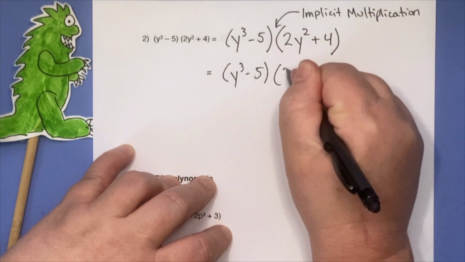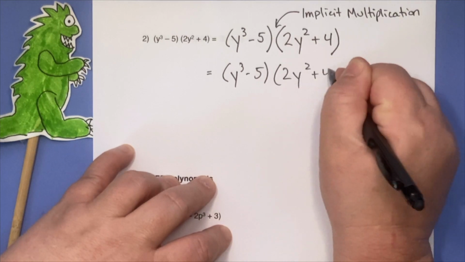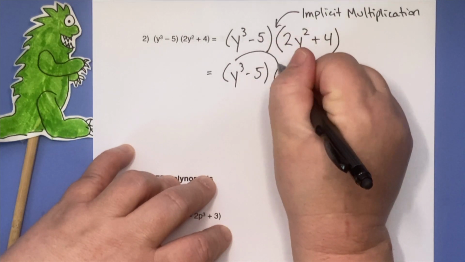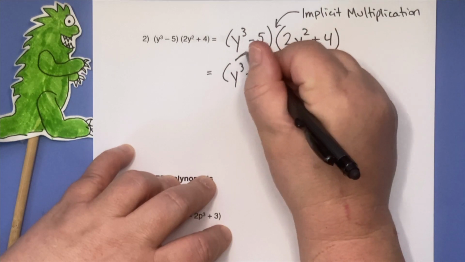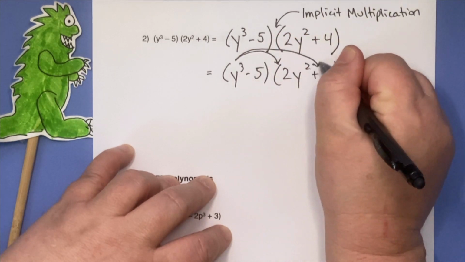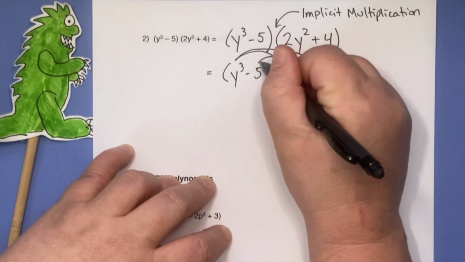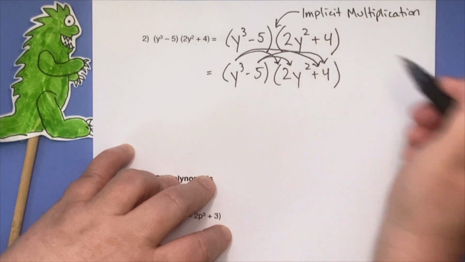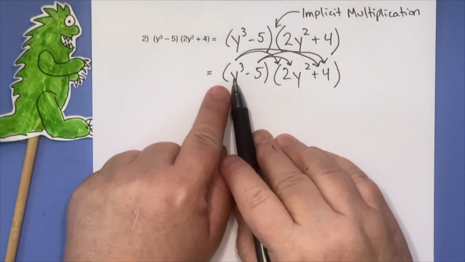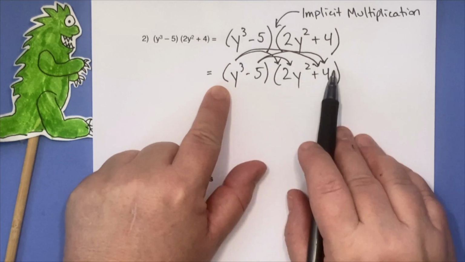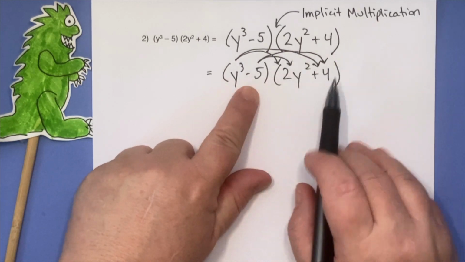Let me give myself some more space. I'm going to rewrite it. You do not have to write it as many times as I'm writing it. I want to mix the y cubed times each of these and the negative 5 times each of these.